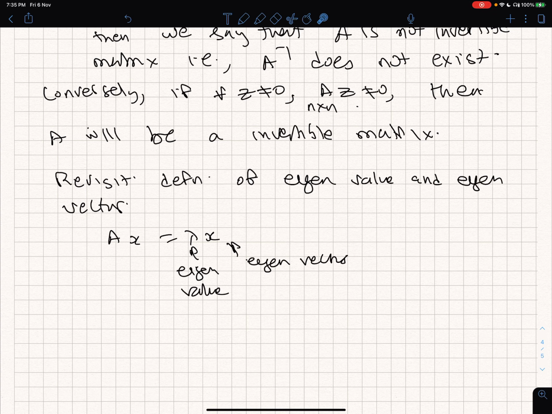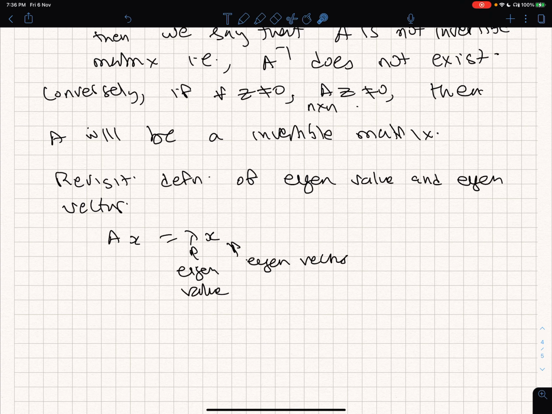That means when I pre-multiply x by the matrix A, I am still retaining the same direction as x. Only this vector x will be scaled. That's all that is going to happen.